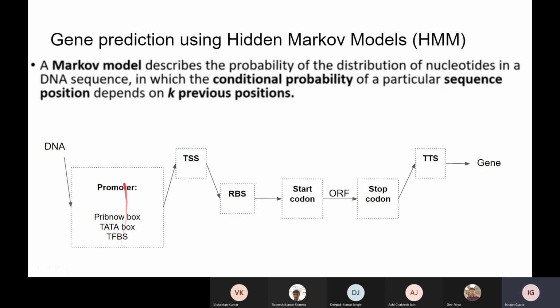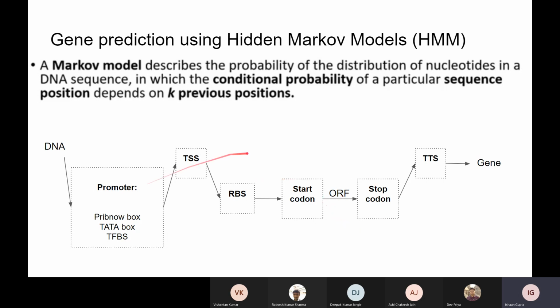So once you found the promoter, you expect to find the transcription start site. Once you have found the transcription start site, you expect to find the ribosome binding sequence. After you found the ribosome binding sequence, you are expecting to find start codons, which also may differ, by the way, in different organisms. And once you have the start codons, you might want to see some codon usage biases happening.